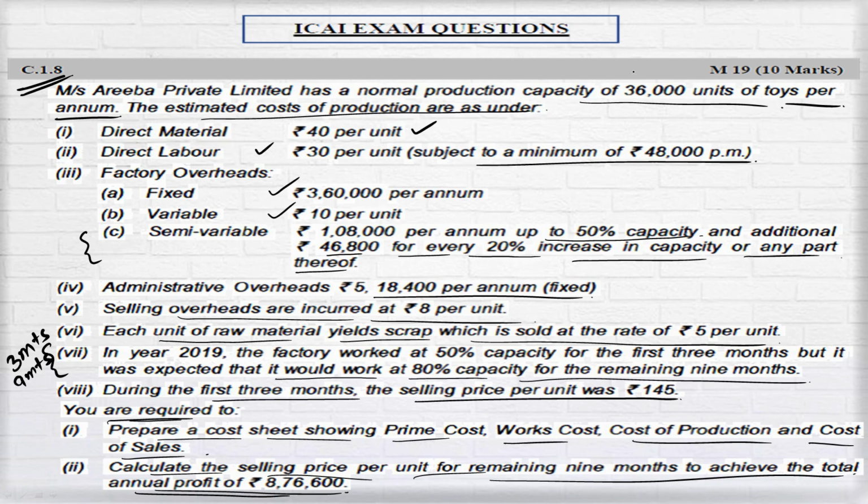Alright, what is our 100% normal capacity? 36,000. At 100% capacity, what will be our per month capacity? 36,000 units divided by 12, that is 3,000 units.